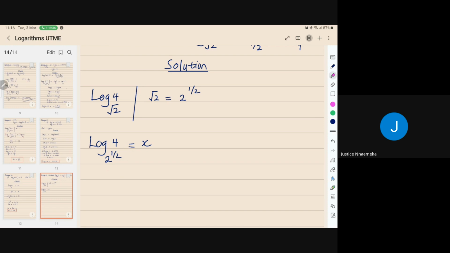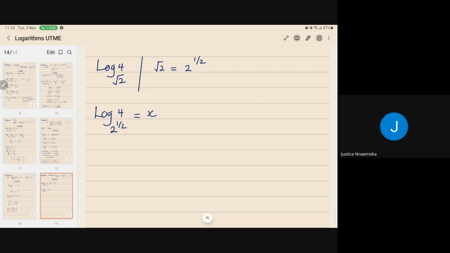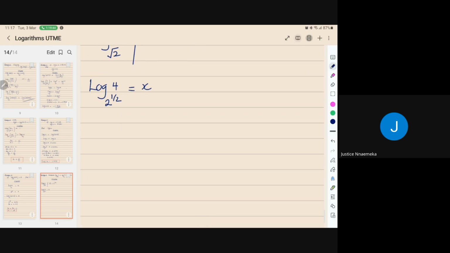So now, what does this imply? This simply means that we now have 2 to the power of 1 over 2, all to the power of x, is equal to 4. That is 2 to the power of x over 2 is equal to 4.